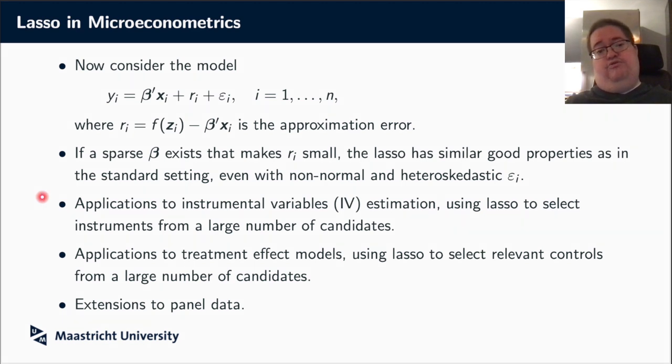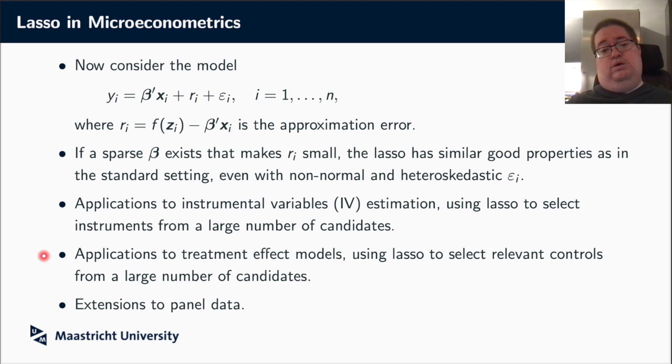And for instance, what they apply it to is instrumental variables estimation, where you could have a large set of possible instruments, right? So you have some variable of interest that you know is endogenous, but you don't have one clear instrumental variable for it. You have a large set of candidates, but you can use the lasso to select the right instruments from this large set of candidates. Another thing that they look at is treatment effect models where we have a large set of controls.